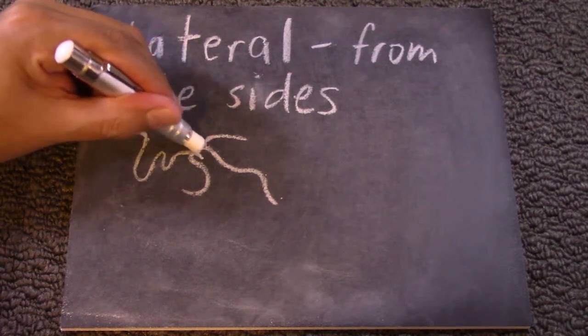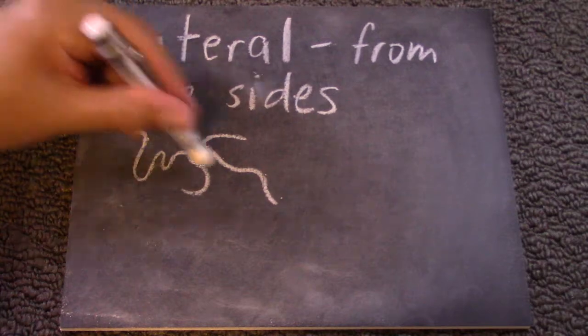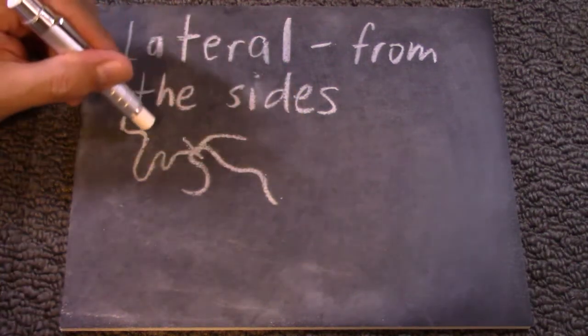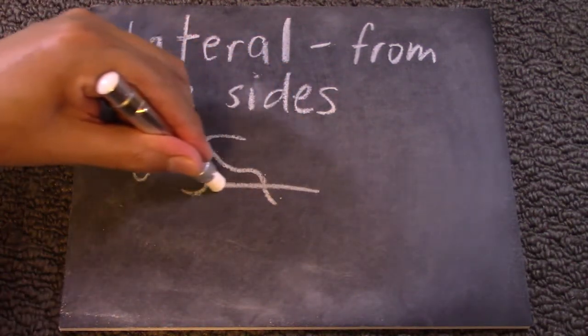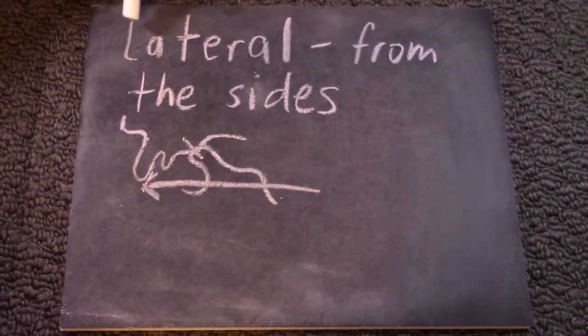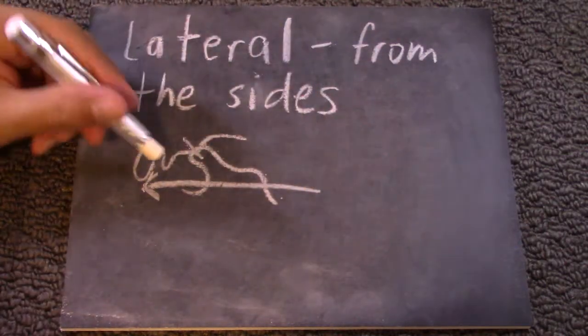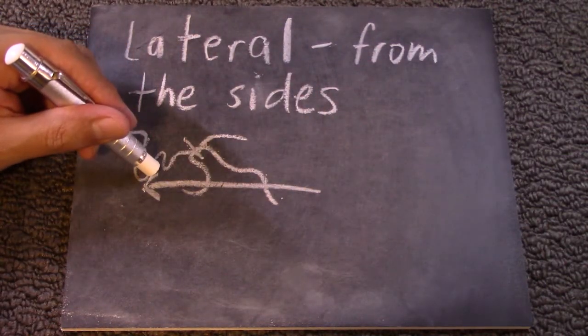So it makes contact with the alveolar ridge. And then what we're doing with the airflow is we're blowing the air out around the sides of our tongue. So the word lateral, from the sides, means we're blowing air around the sides of our tongue.